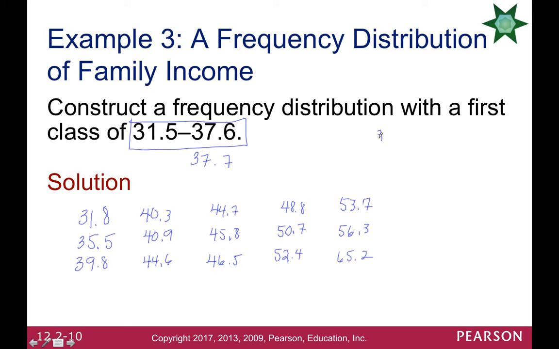So I'm going to take 37.7 and subtract off 31.5. And when I do that, I get 6.2. So that's how many units are in between each, the low limit and the high limit. Okay, so keep this page out when we do the next page, because we're going to have to figure out how many fall in each class width.